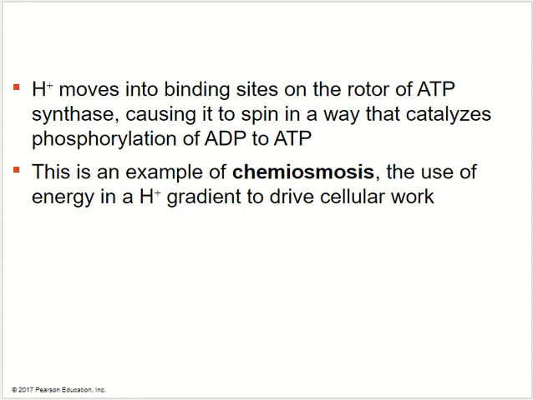As these hydrogen ions move into binding sites on the rotor of ATP synthase, causing it to spin in a way that catalyzes phosphorylation of ADP to ATP, adenosine diphosphate to triphosphate. This is an example of chemiosmosis, the use of energy in a proton gradient to drive cellular work.